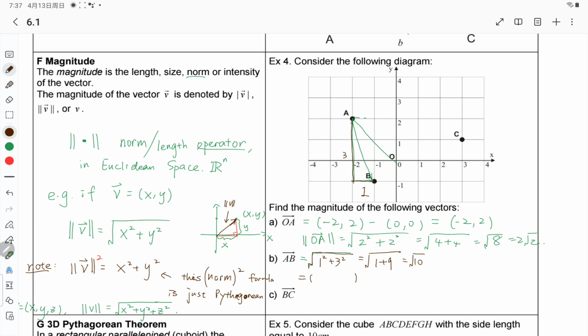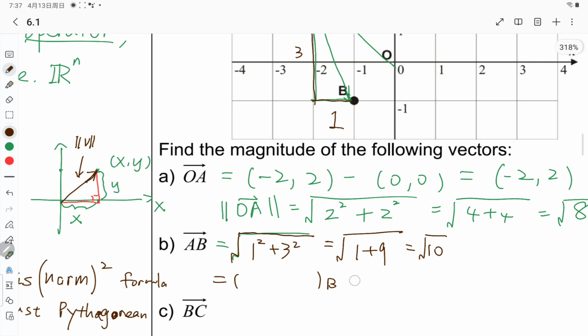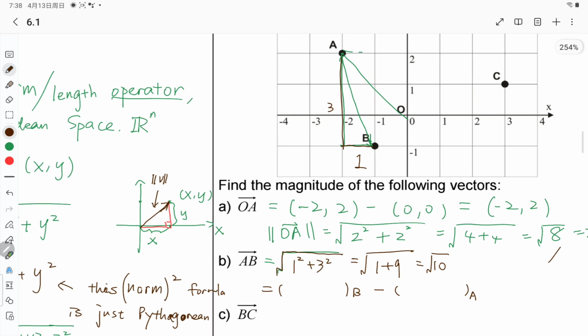The vector AB is pointed to B, so B is our ending point, and we use the coordinate of B minus the coordinate of A. The coordinate of B is (-1, -1), and the coordinate of A is (-2, 2).